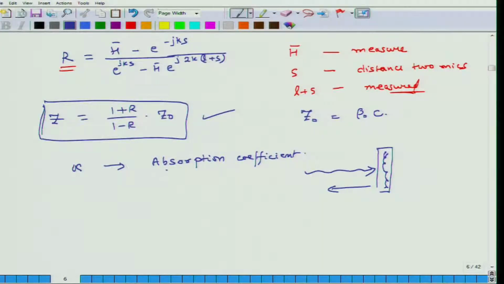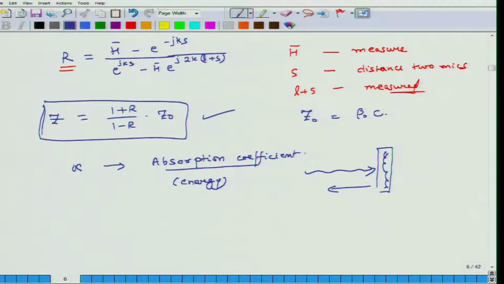But total absorbed energy will be the incident energy minus the reflected energy. This absorbed energy will be partly converted into heat in the system and partly it will be transmitted on the other side. So this is related to energy.